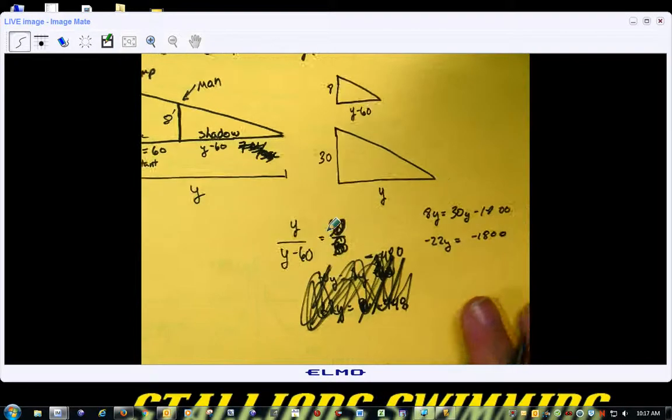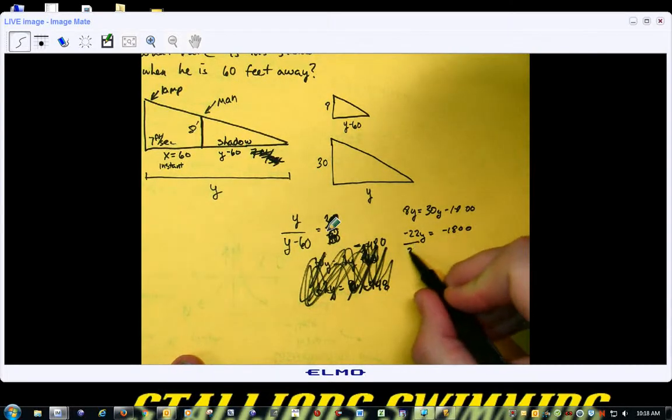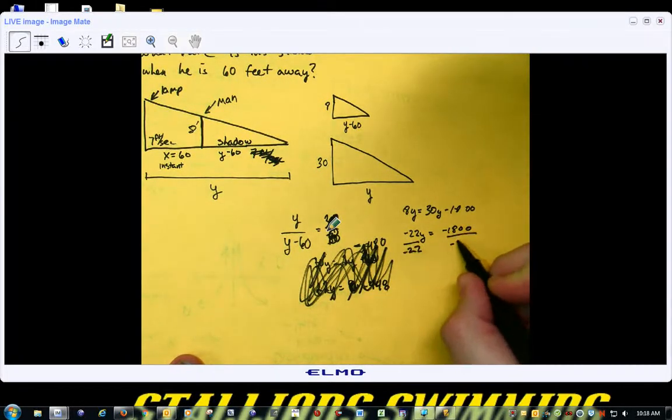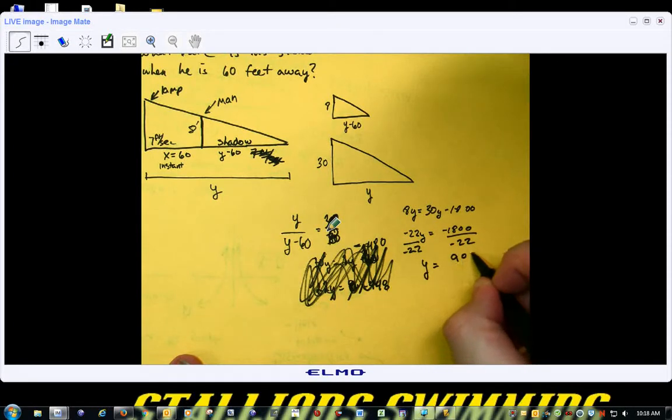Because you're going to subtract 30 from both sides. You could have. Yeah, it's 60 times 30. That's our length of the shadow.